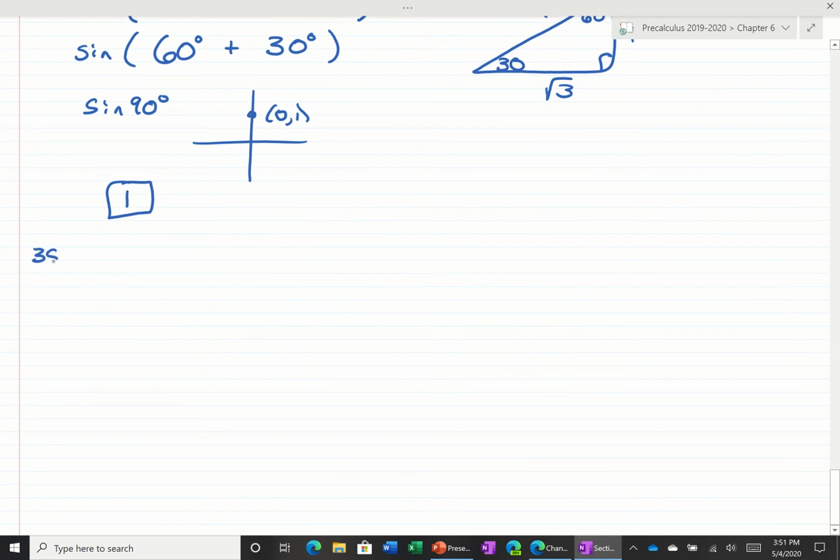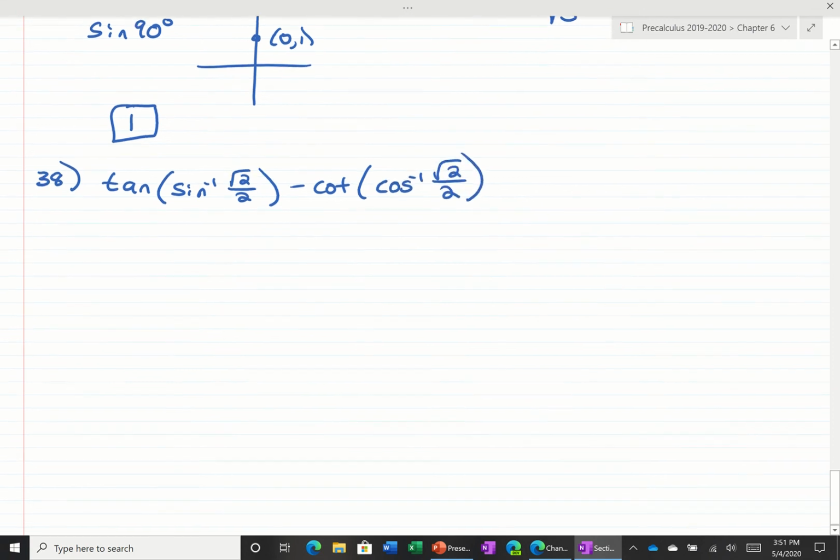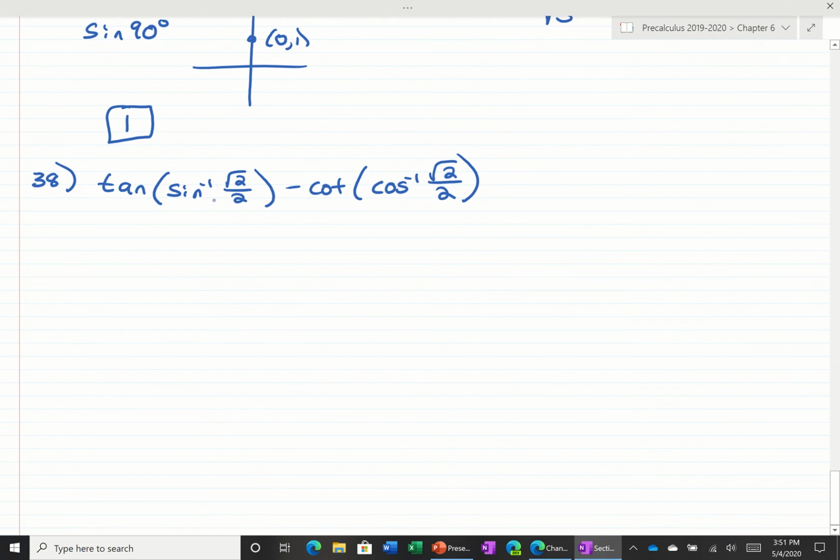Number 38, it's asking you to find the tangent of the inverse sine of root 2 over 2 minus the cotangent of the inverse cosine of root 2 over 2. Let's do this piece by piece. What angle gives us a sine of root 2 over 2? Well, I remember our 45, 45, 90 triangle gives us a sine of root 2 over 2. So this is just going to be the tangent of 45 degrees.